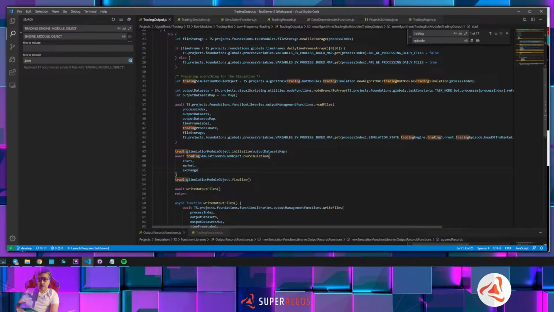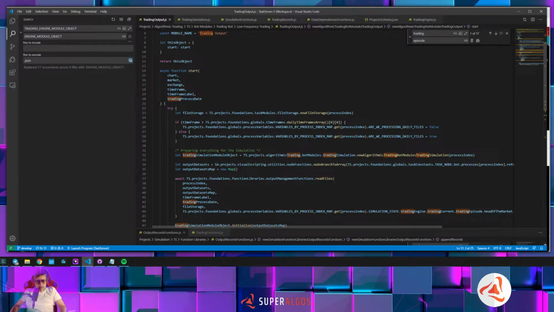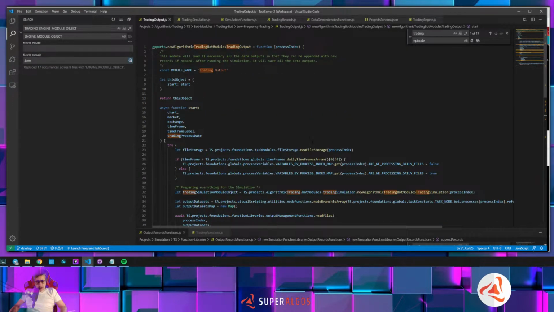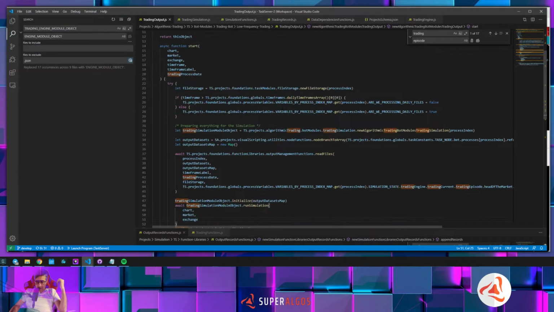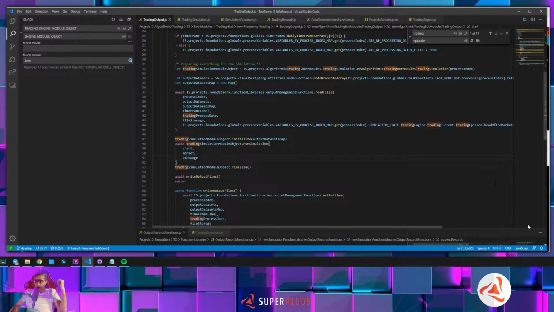So this module is the one who reads the information and loads it, and it's also the one who saves it into disk, right?